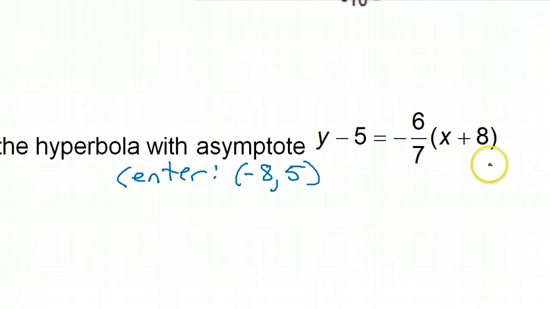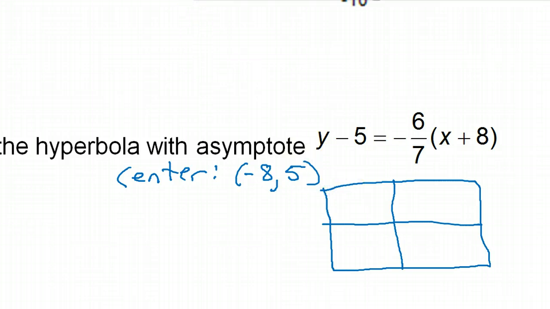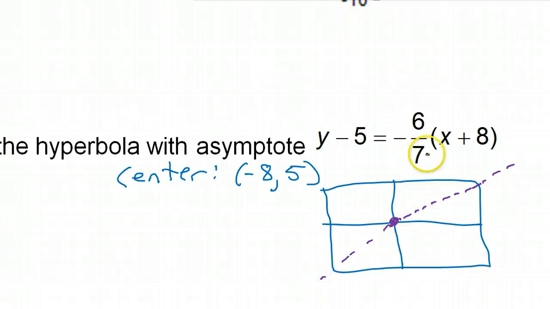Okay, also, if you picture this as part of a rectangle, you know those rectangles that we always have when we're graphing a hyperbola. Imagine that this is the center, and then you've got your diagonal that's going like this. This 6/7 is like the rise and the run, so it's like up 6/7.